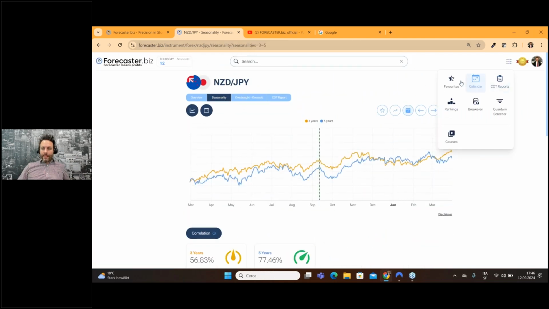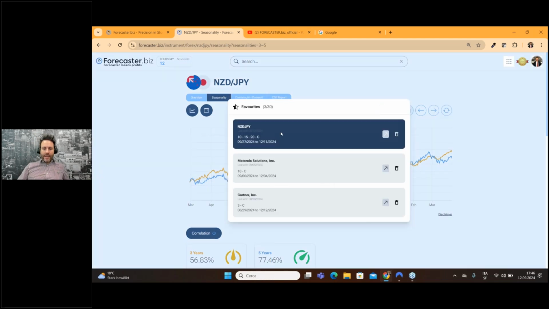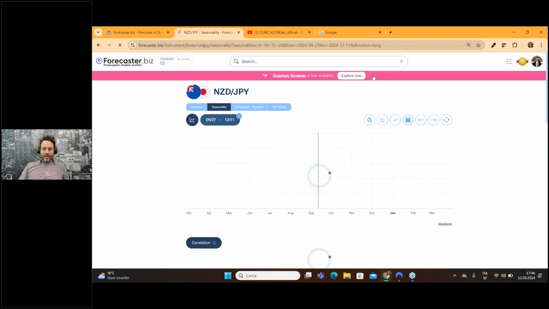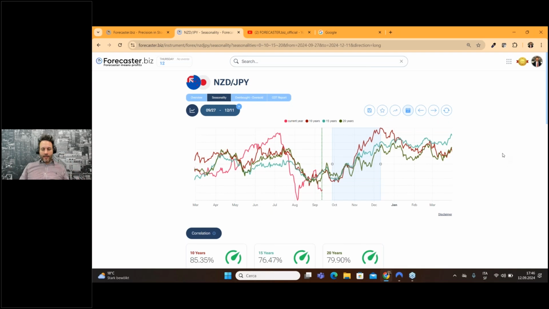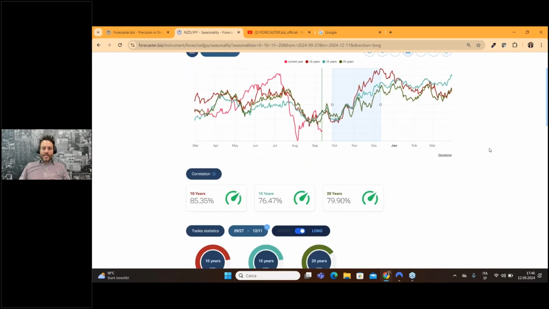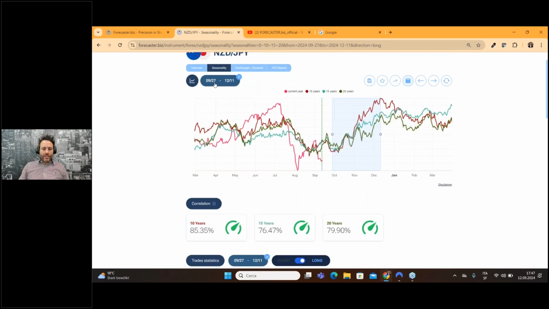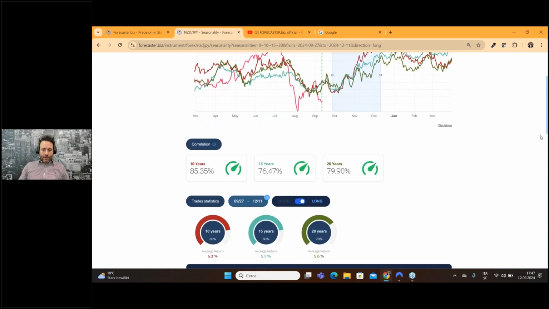We have an interesting moment now in the seasonality and in the quantum analysis screener. We can save this setup for future use. Now we have to decide: is it better to get inside the position now, or wait, as we can see on this chart, until the end of September and try again?